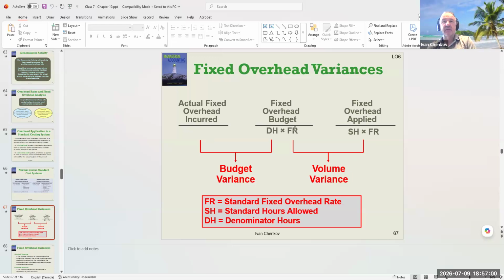On the fixed overhead budget, we're going to have the standard fixed overhead rate times the denominator hours. Which denominator hours? The one that we used for our calculation of predetermined manufacturing overhead. On the standards side, we're not going to work with the denominator hours. We're going to use the standard hours which are allowed for the activity that we have, times the standard rate.